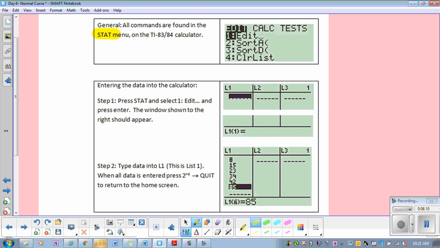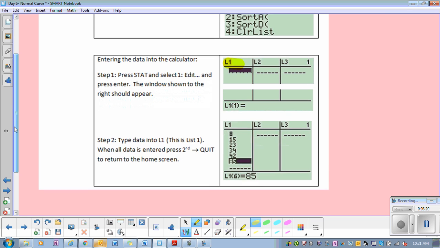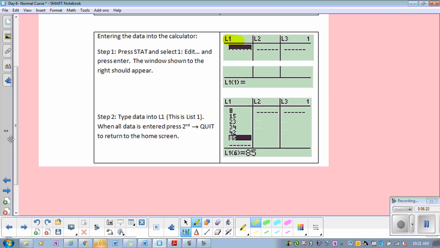We go in the stat, hit enter, and see these lists. Make sure you have L1 showing. You're going to put all of your data points into L1. Before with the best fit, we used 2 lists. This time we're only going to use 1.